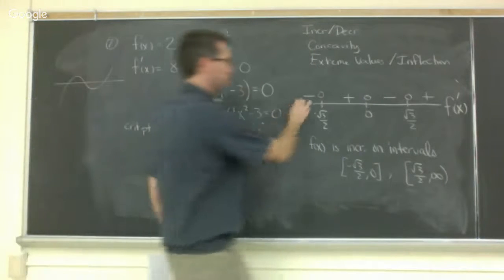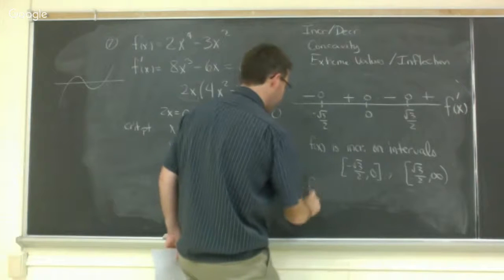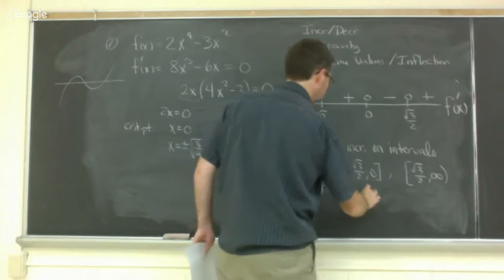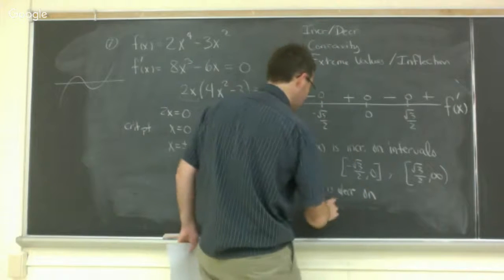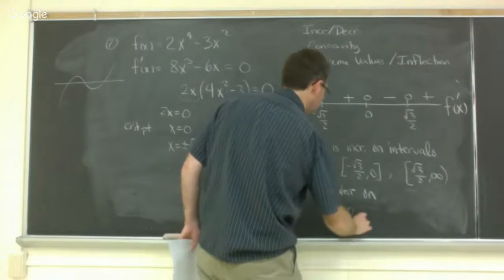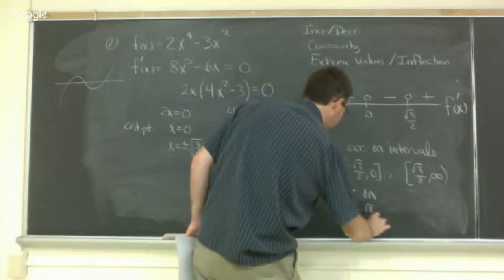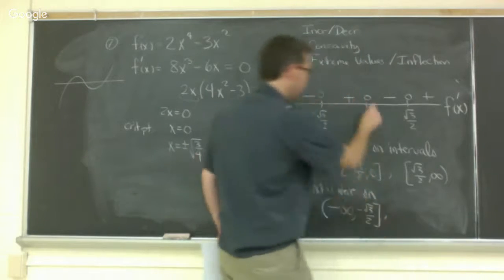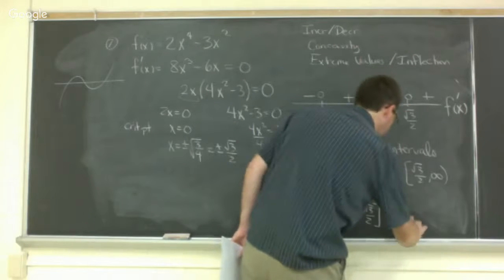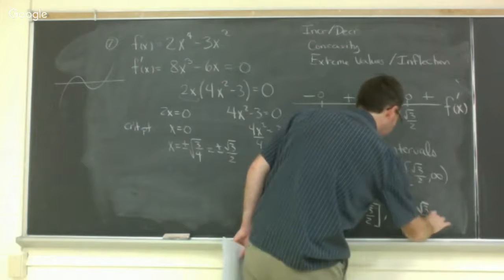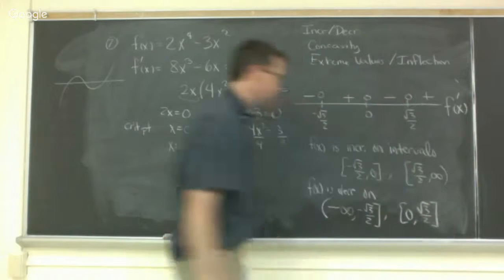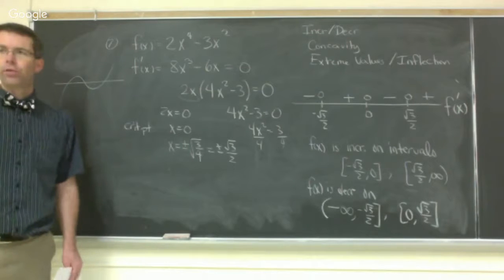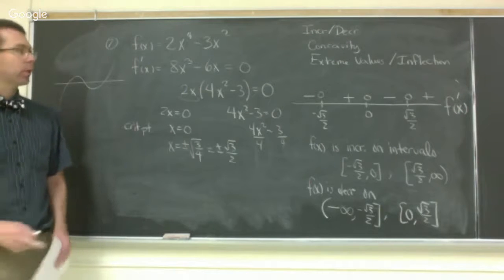It'll be decreasing on the intervals where the derivative was negative, so f of x is decreasing on the intervals minus infinity to minus root 3 over 2, and then from 0 to root 3 over 2. And so those are the intervals where it's increasing or decreasing.